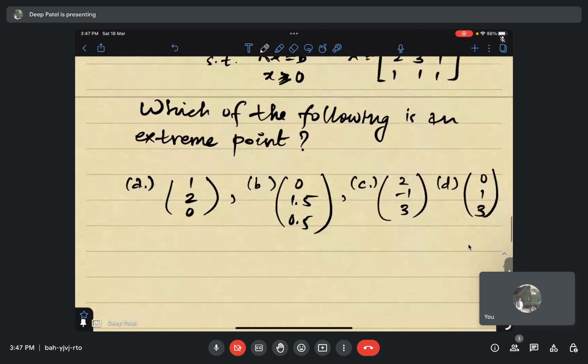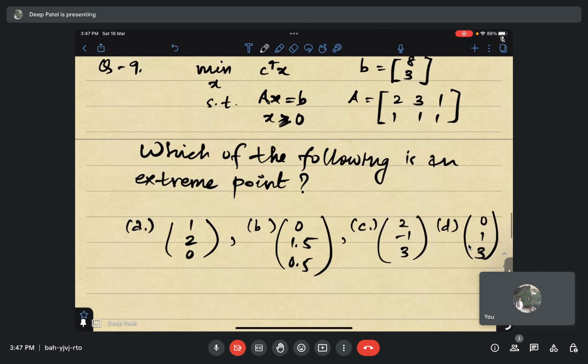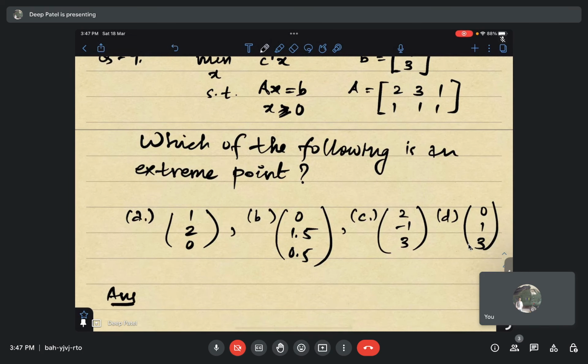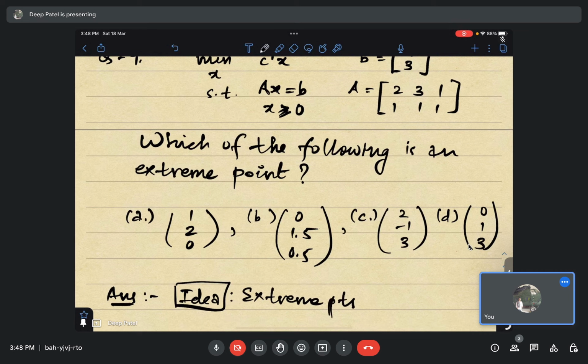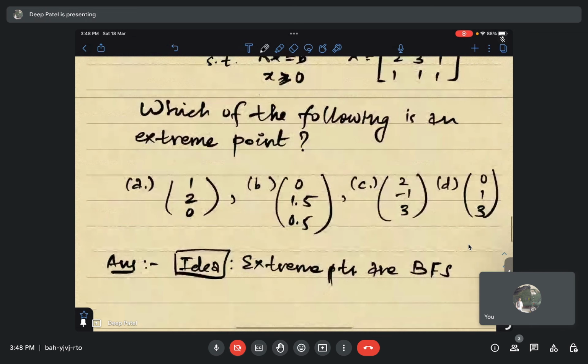I thought of doing it by finding the basic feasible solution using the B transpose B inverse thing, but I did not get it right for some reason. Yeah, you're on the right track. The idea is that extreme points, that's what we proved, are the basic feasible solutions of the system Ax = b.